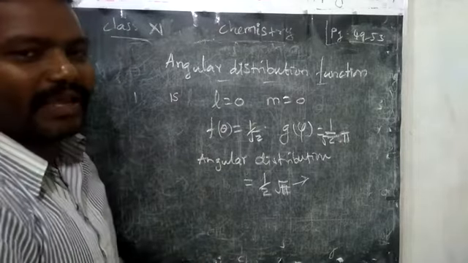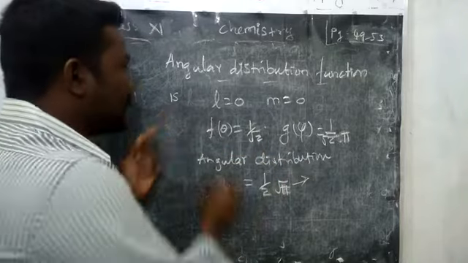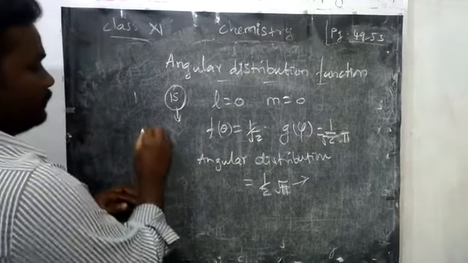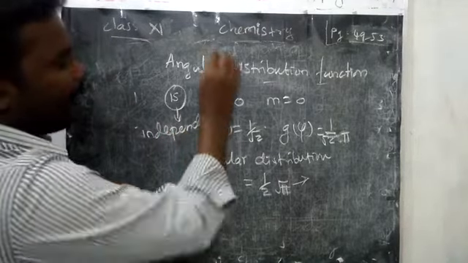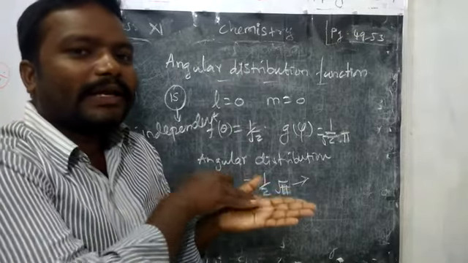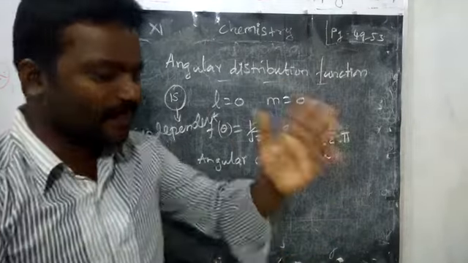The 1s orbitals are independent of the direction. Independent means what will happen? It does not have any particular direction. So the orbital is arranged as a spherical shape.